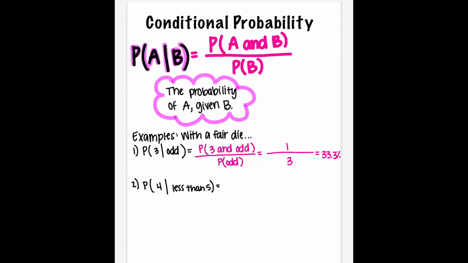Okay, let's do another one. What's the probability of rolling a 4 given that the number you rolled was less than 5? So the probability of getting the number 4 and being less than 5, out of just the probability of rolling less than 5. I'm going to use the less than symbol: less than 5.